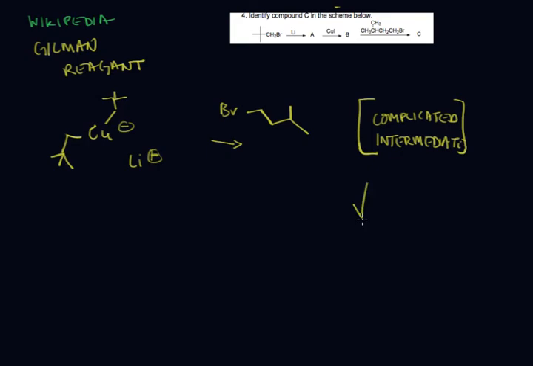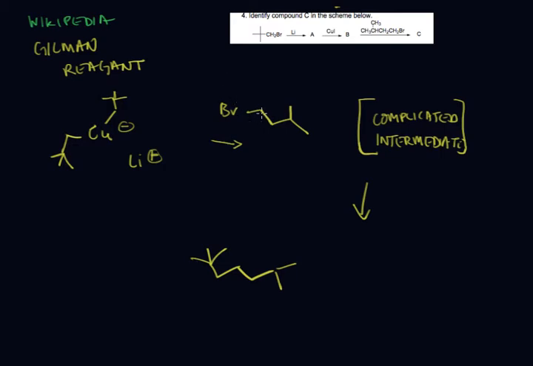But it ends up adding one of these R groups right here, that R group, to this alkyl group, and it forms the product C, which is this product right here.